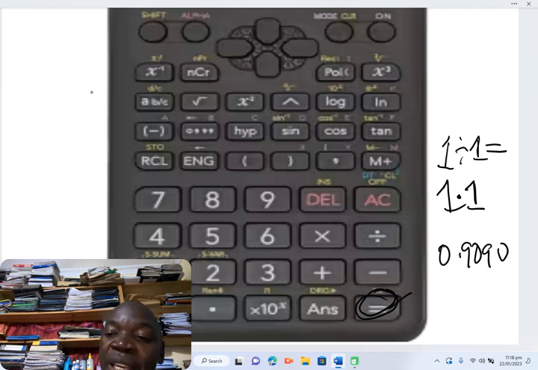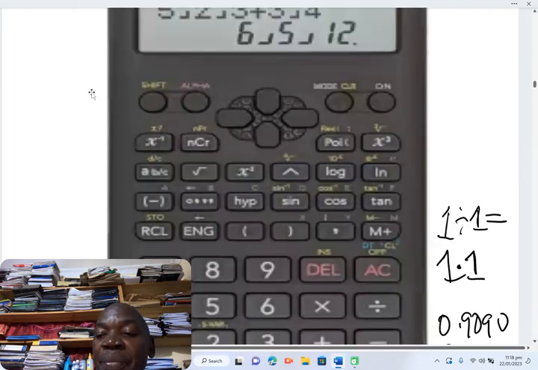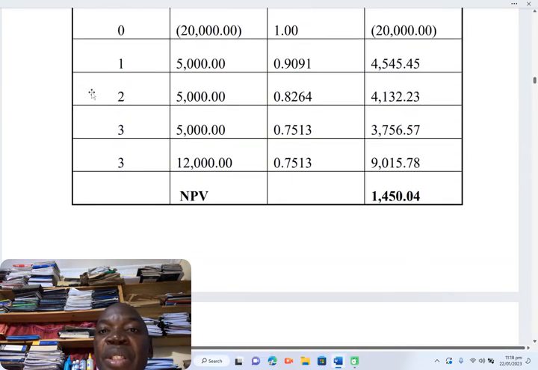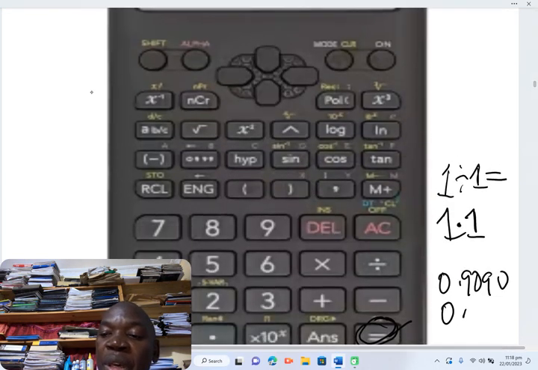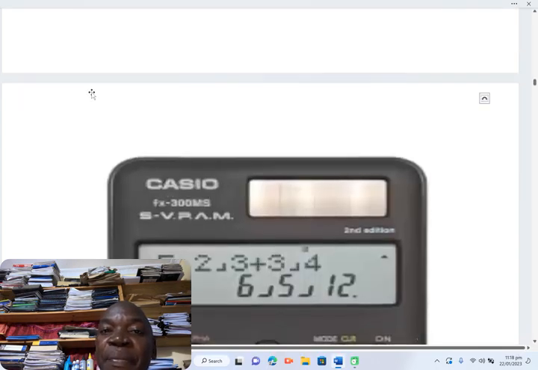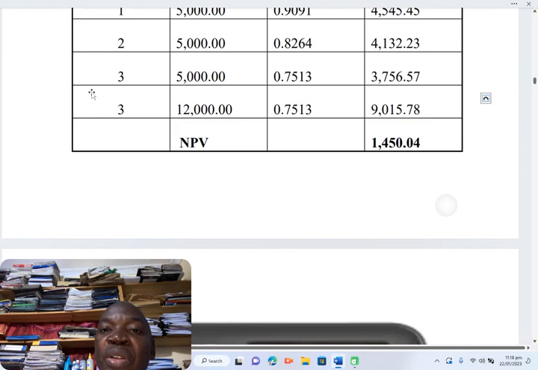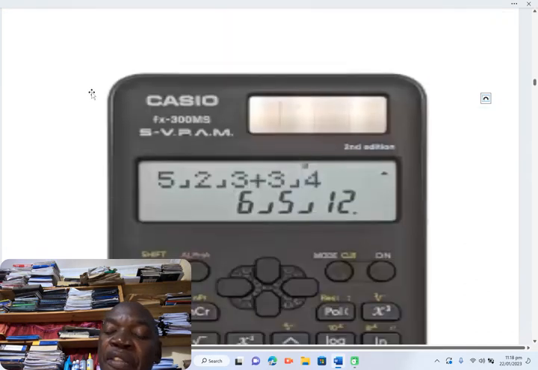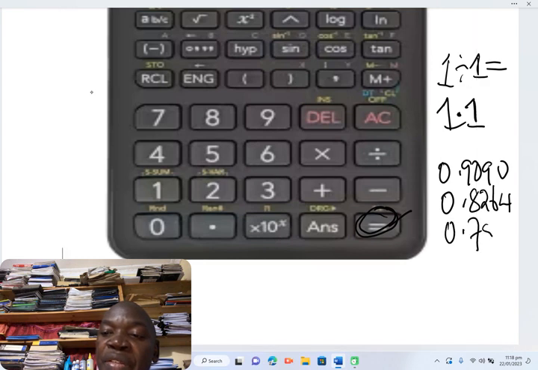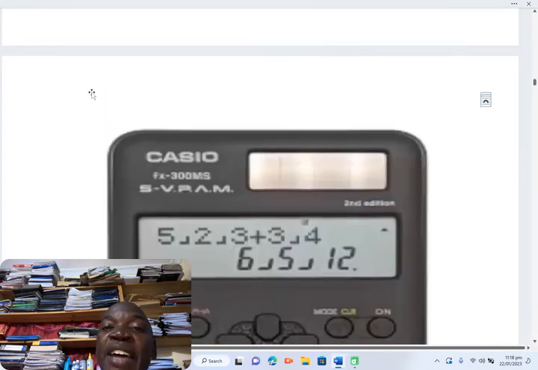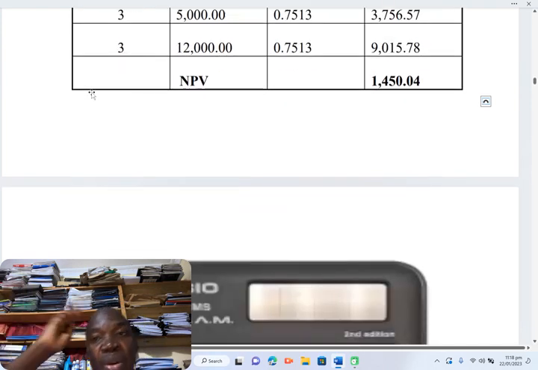You press equal again, you get 0.8264. Once you press equal again, you will get 0.7513. Pressing equal again gives another number.